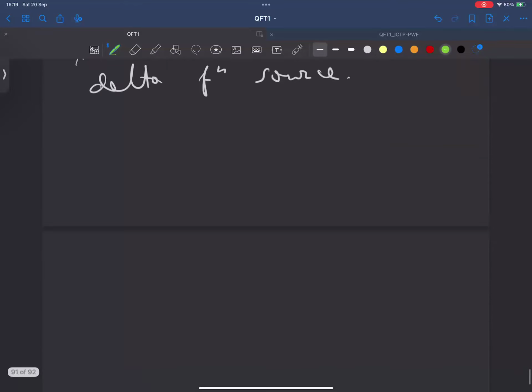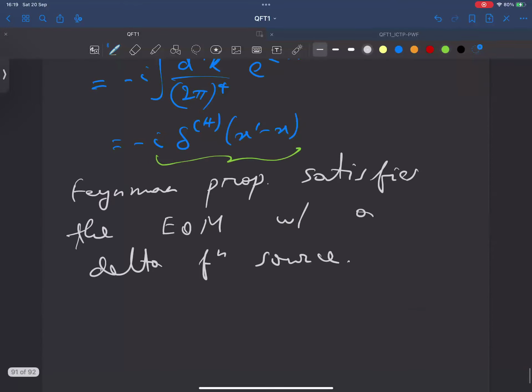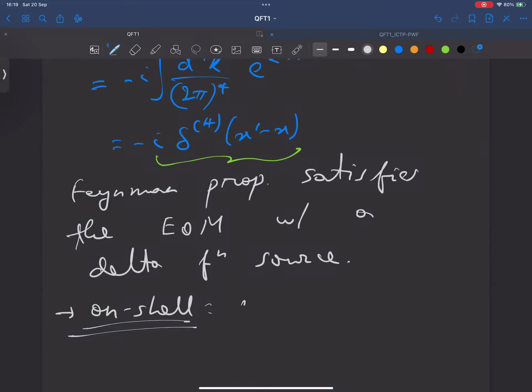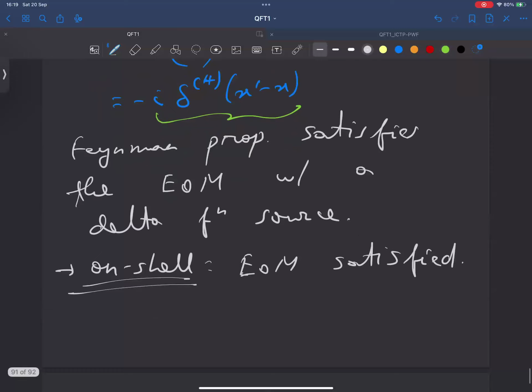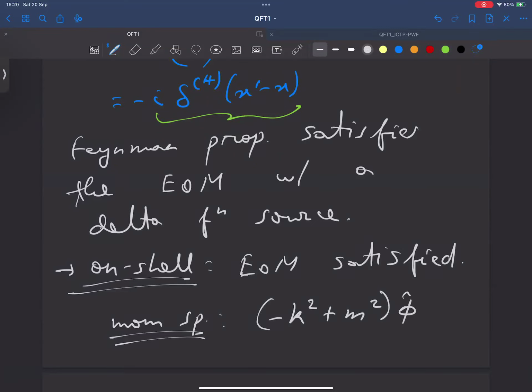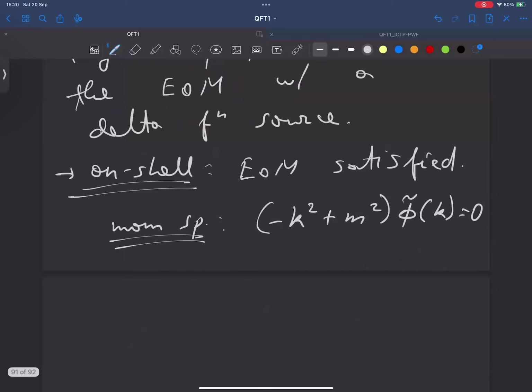And why is this necessary? Because we argued something that was called on-shell quantities when we said that the equations of motion were satisfied. Recall that we had expanded our modes in momentum space, and we had gotten something like this, right? So in momentum space, this is what the Klein-Gordon equation, or the equation of motion, looked like.